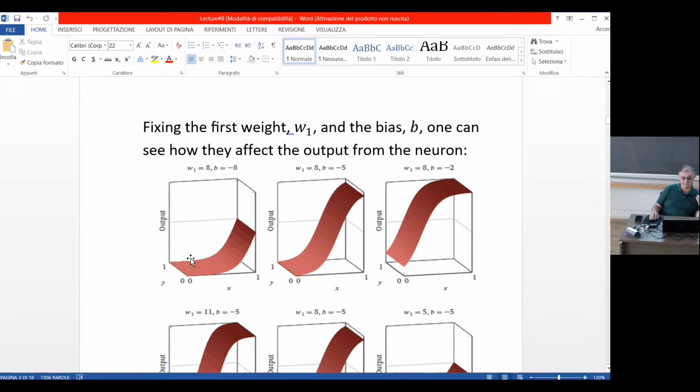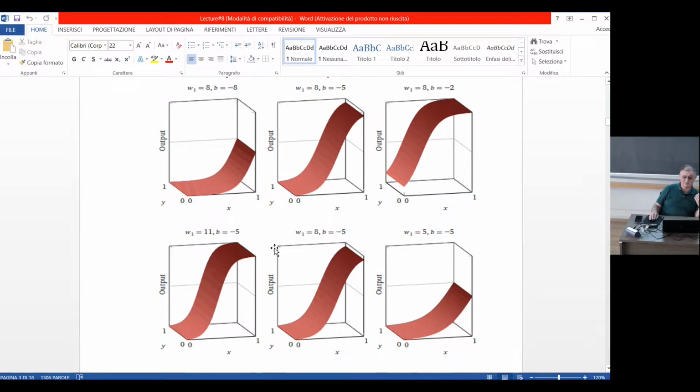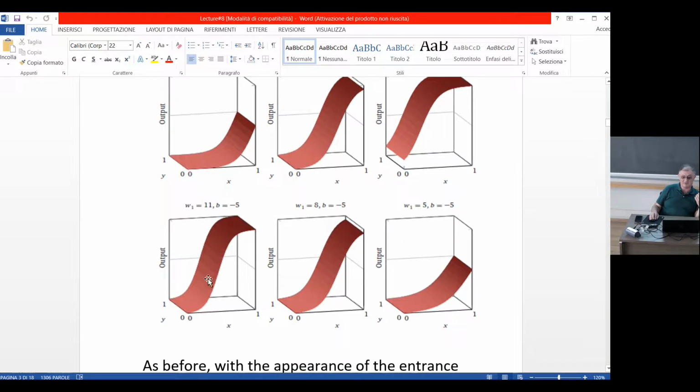So what happens? You see, we have some three-dimensional figure, which is something like sigmoidal, but with increasing the bias and increasing the weight coefficient, it tends to be vertical.